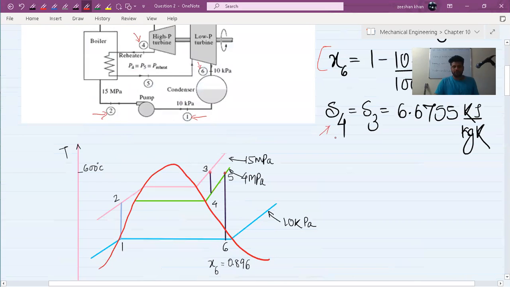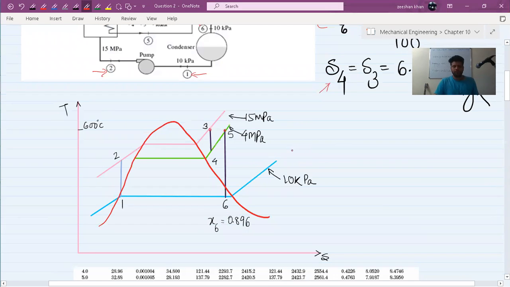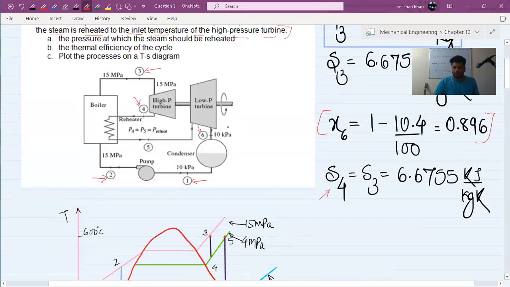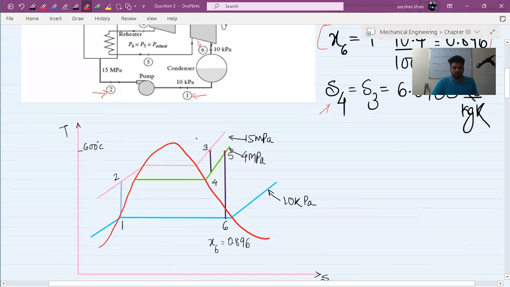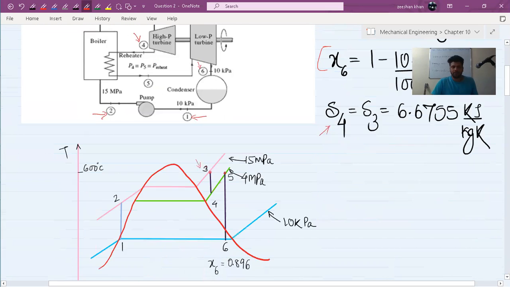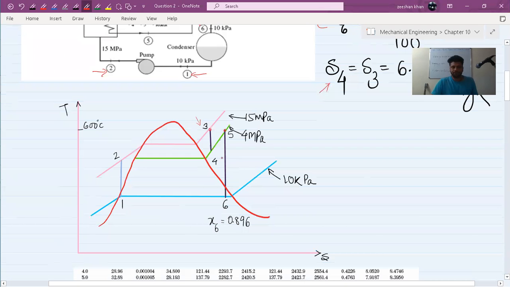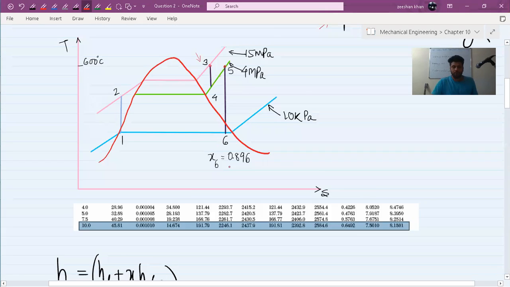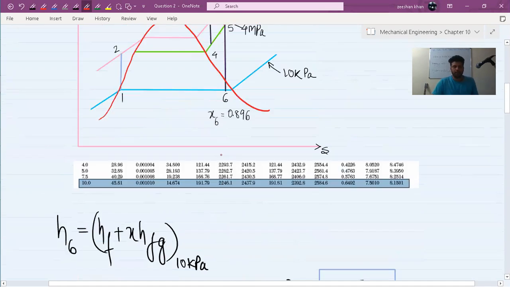But we are going to get into H4 later. For now, at this point of time, we have H3 with us, we have S3 with us, and we are going to directly jump to H6.